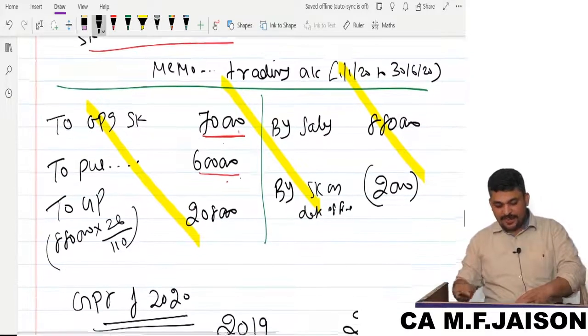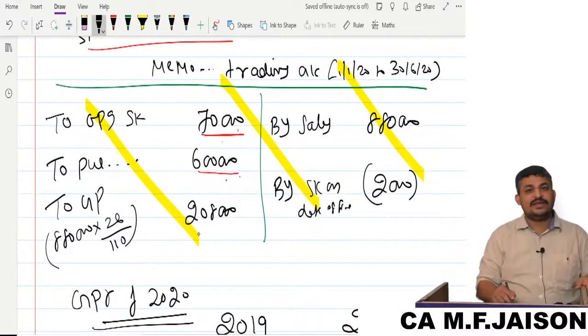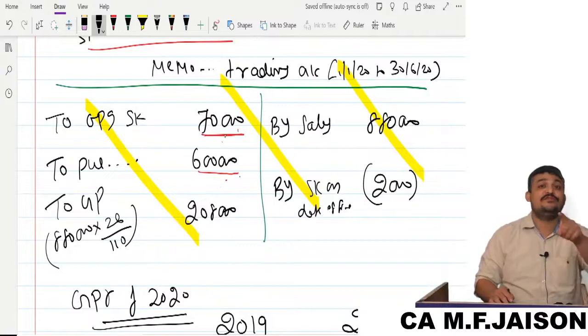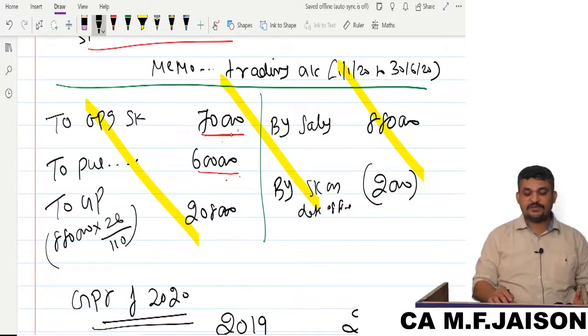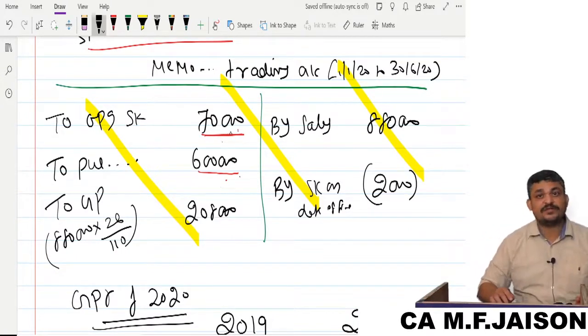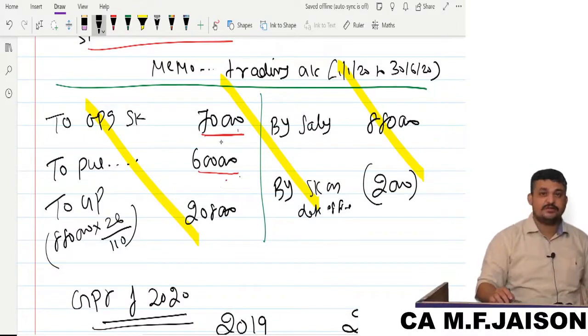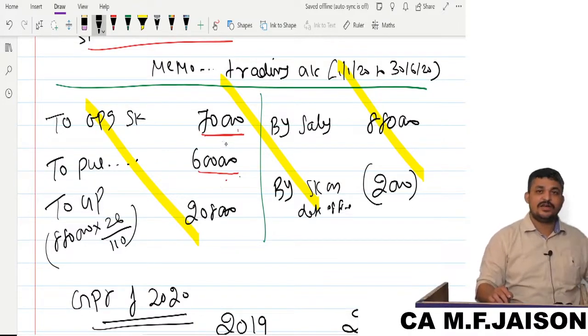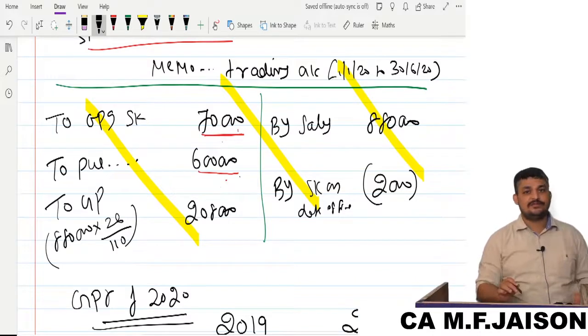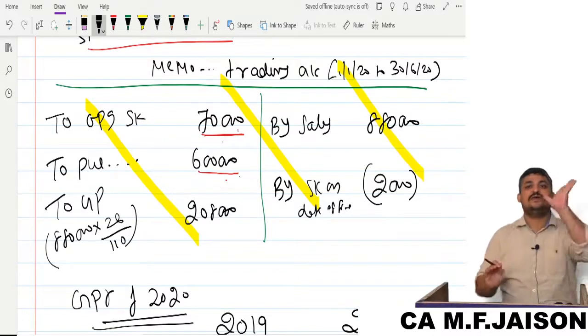So when you arrive at this 2,08,000, you are telling as if this was also purchased for 84,000. But did you purchase this for 84,000? No. It was already purchased for 70,000, which means in that opening stock you have an extra profit of 14,000.